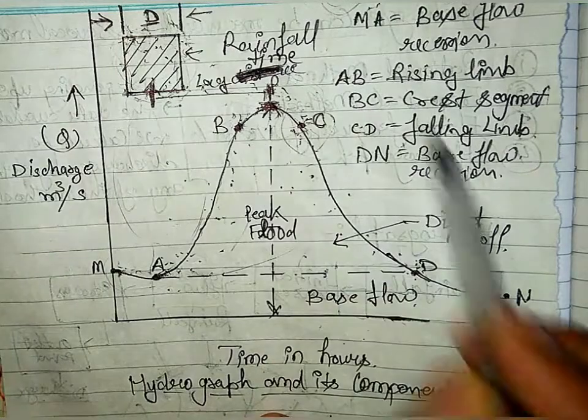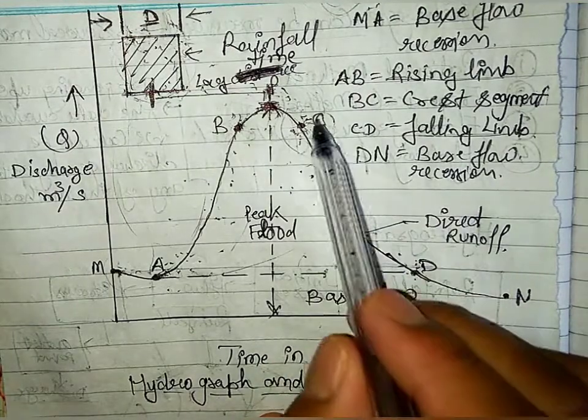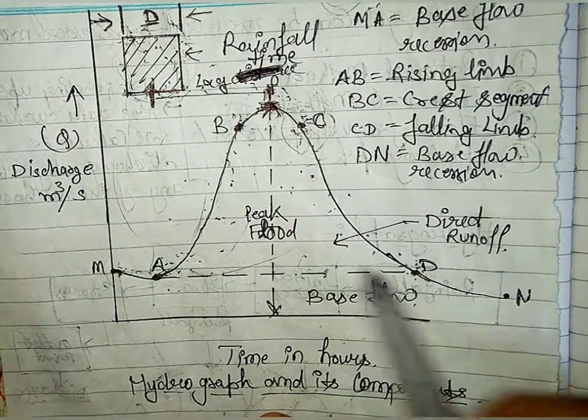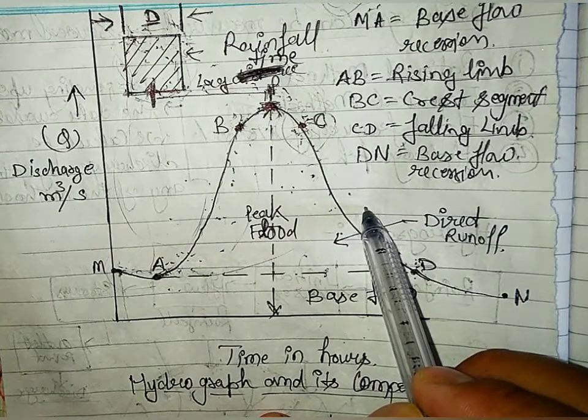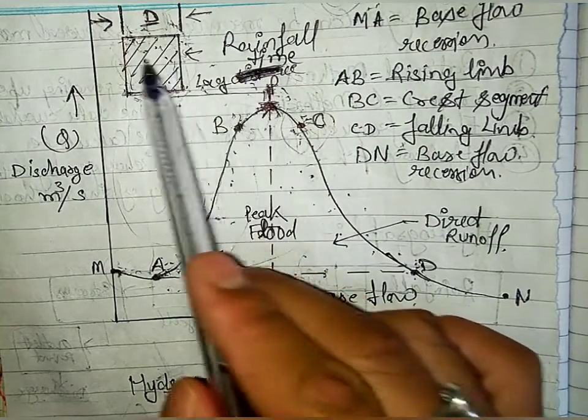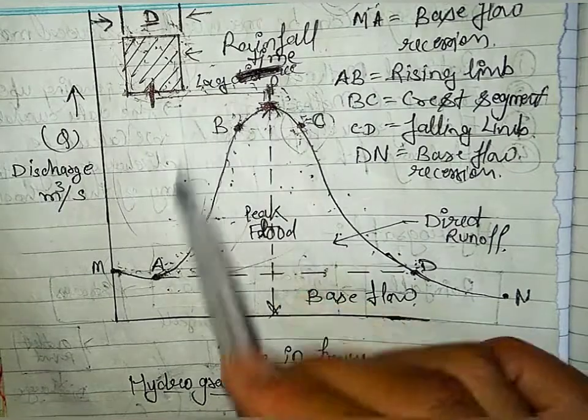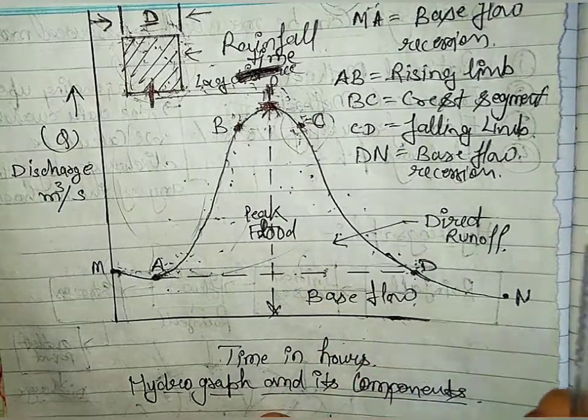So in this CD section, the withdrawal of the water which has been collected due to this rainfall in the basin has started.